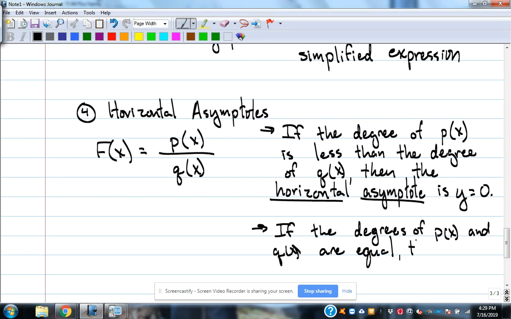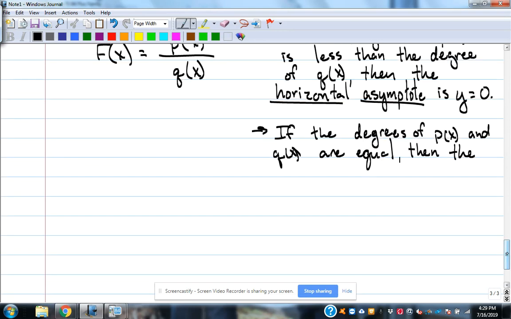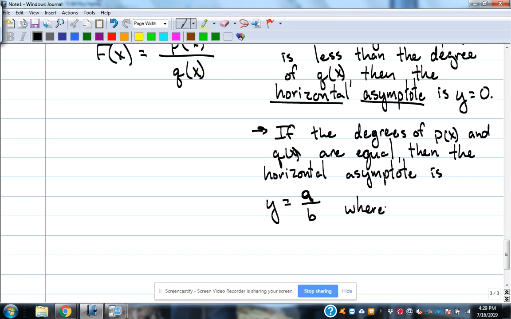If they're equal, then the horizontal asymptote is y equals A over B, where A and B are the leading coefficients.